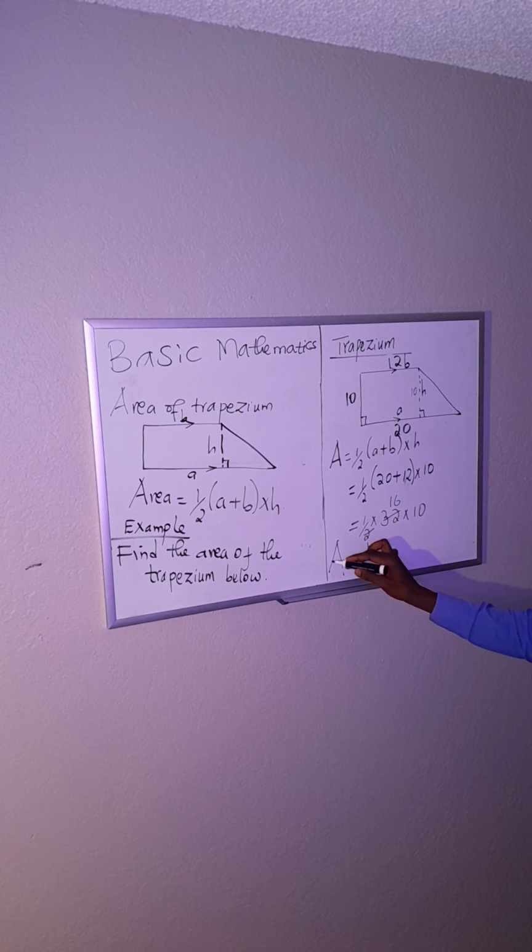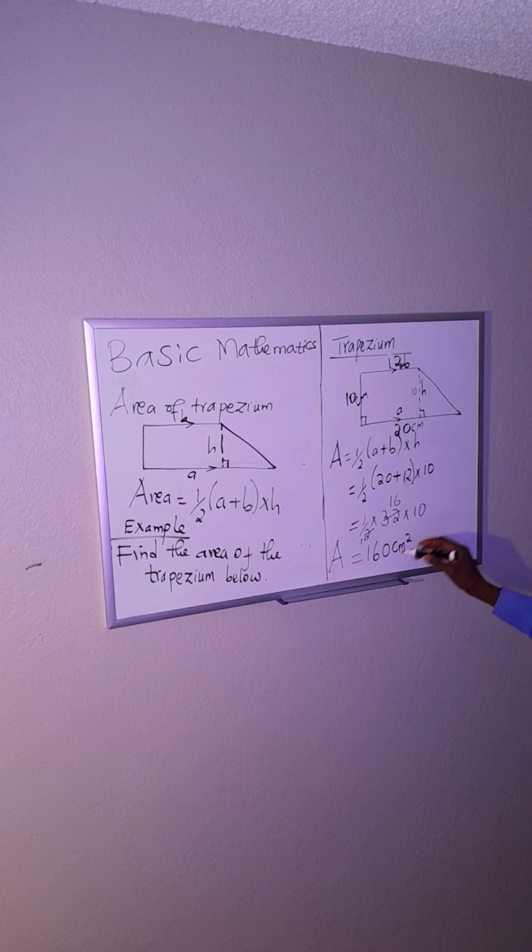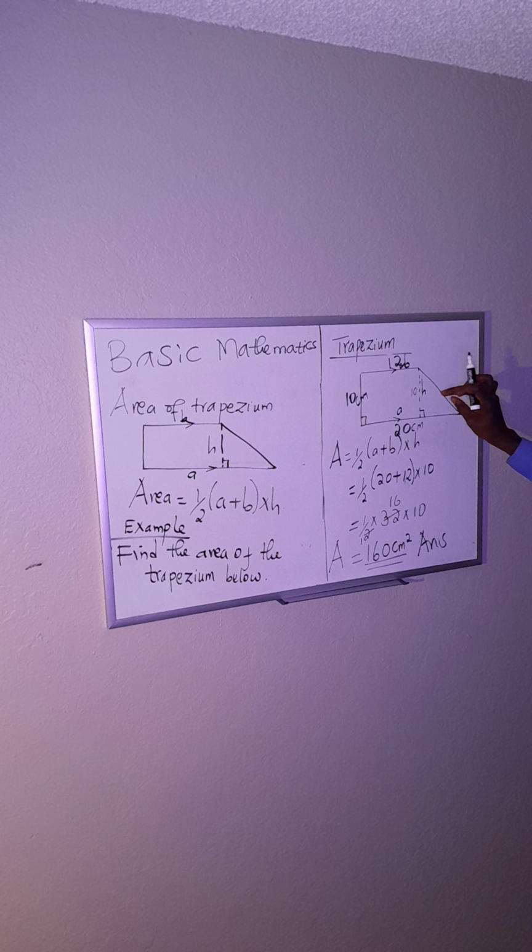Area of that particular trapezium is equal to 160. Always we learn to put the SI unit, centimeters, or I can as well say centimeter square. So that is how I find the area of this trapezium.